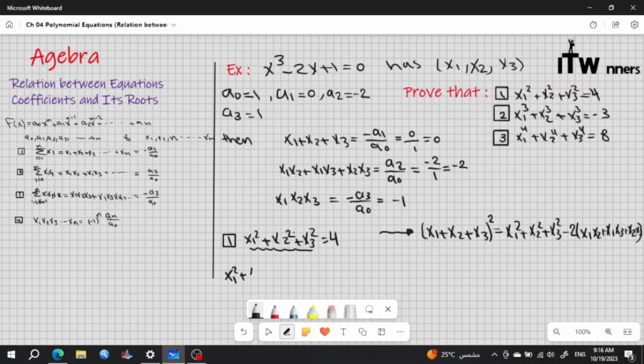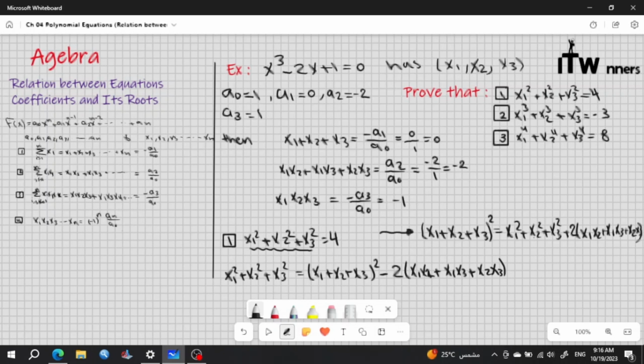So here x1 squared plus x2 squared plus x3 squared equals x1 plus x2 plus x3, this squared, minus 2 into x1 x2 plus x1 x3 plus x2 x3.